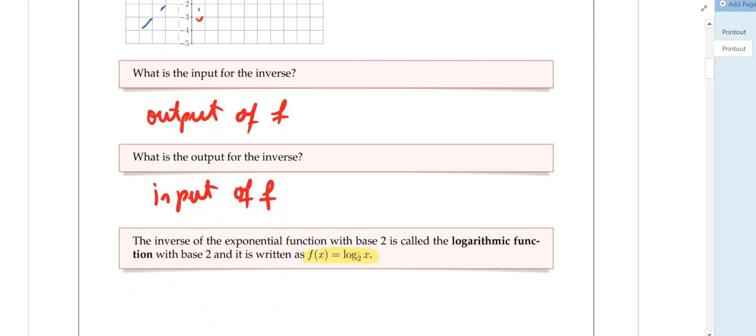Okay, so this is how we are going to start talking about the logarithmic function. We are going to relate it to the exponential function. So if you have your f of x equals 2 to the x, it's an exponential function.